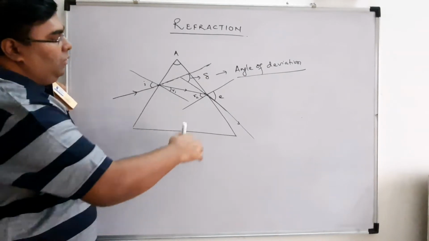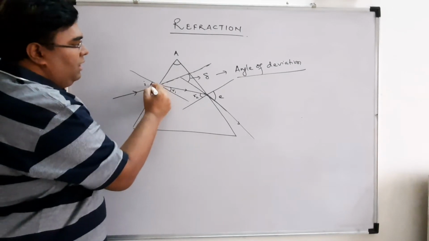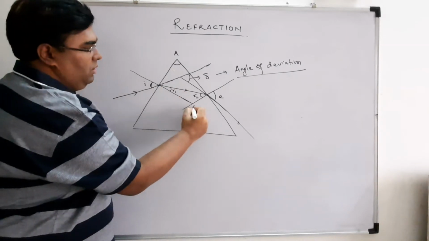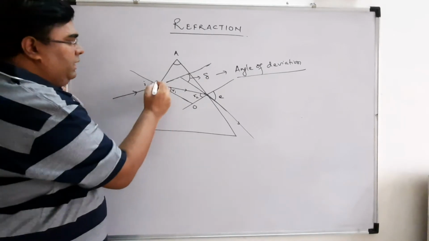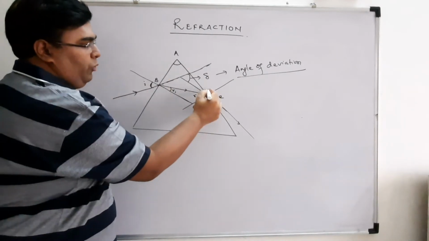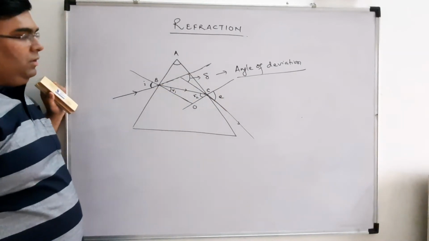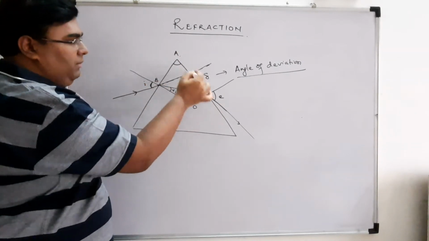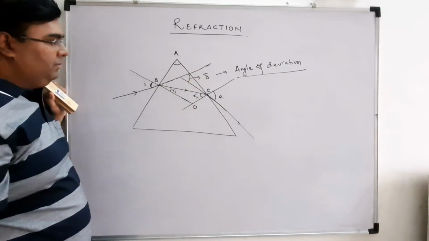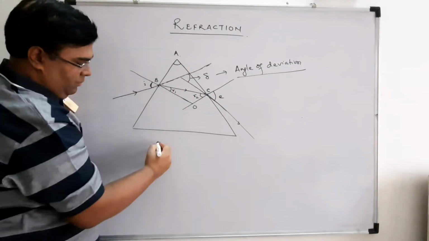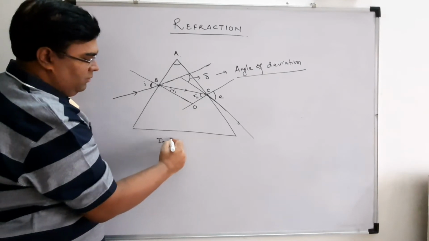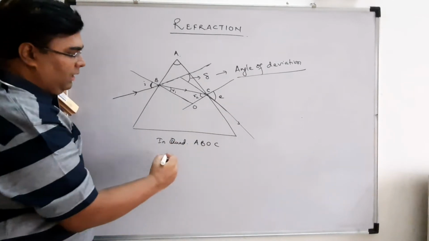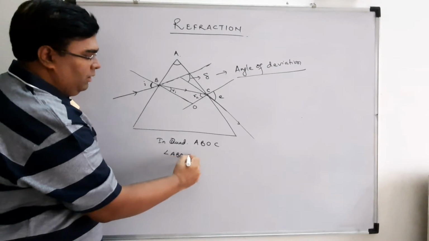Let us see what else is there. So now if you look at this, what is this angle? I. And let us join this at O. This is my point B, and this is my point C. Now, if you look at the quadrilateral ABOC, angle ABO is equal to what?